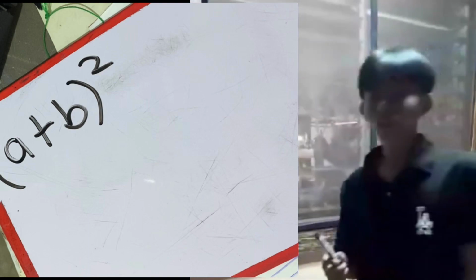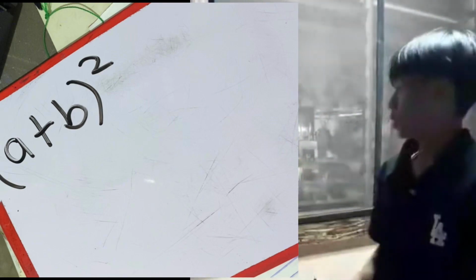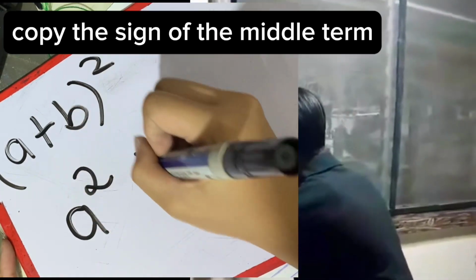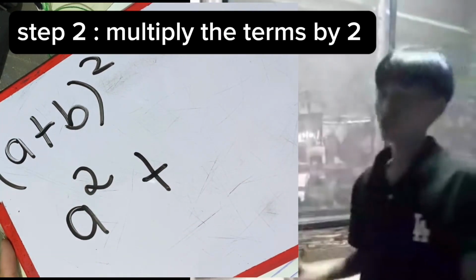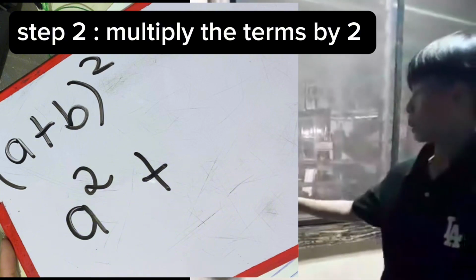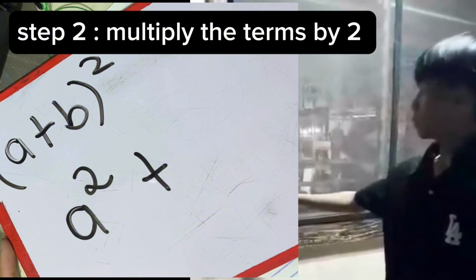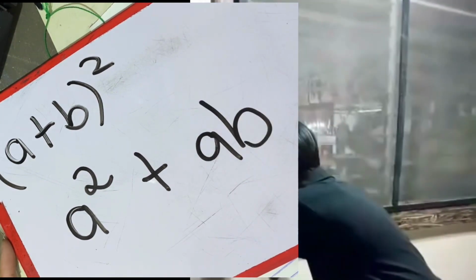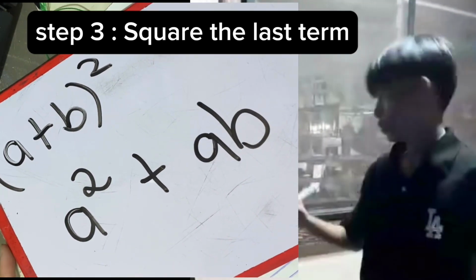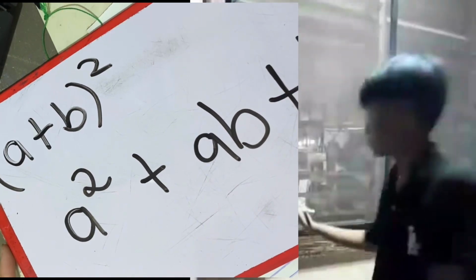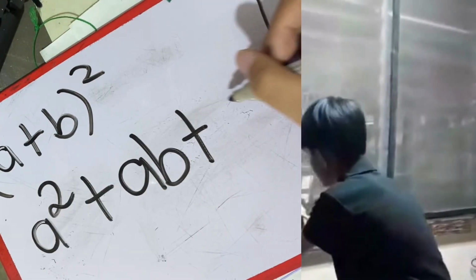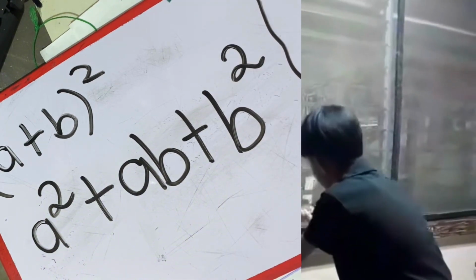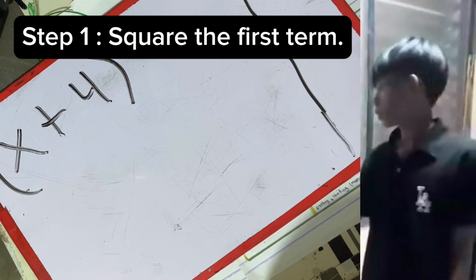So I am going to show you how to solve this problem. The first step is you need to square the first term, a squared, and then you need to multiply a by b by 2. So it will be 2ab. And the third step is you need to square the last term, so it will be b squared. So we will try it on the given example.